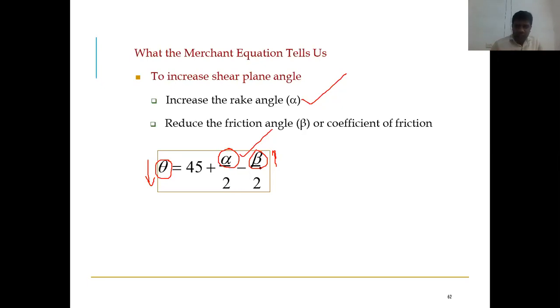Always, if friction is more, power requirement is more. Here also it is the same: if beta is high, friction will definitely be more, and more power is required. Our intention is to design a machine or a process which consumes less power, so that you can do the machining with less power. For that you need to make sure that your friction angle is as low as possible.